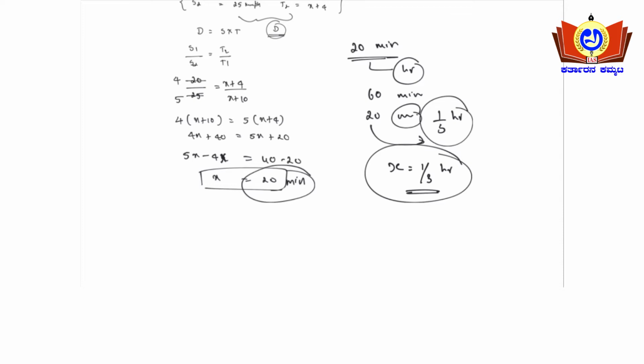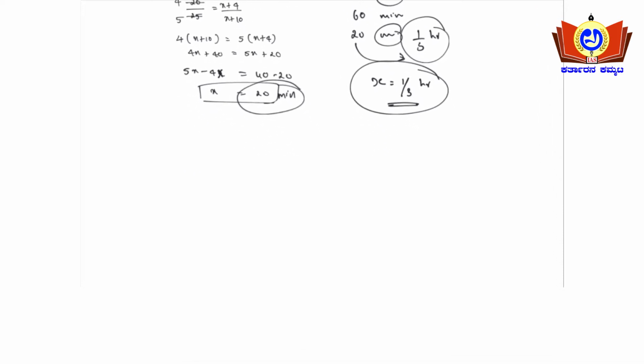Okay, and you also have two expressions here, right? x plus 10 and x plus 4. So this 10 is also in minutes, 10 minutes. When you convert this 10 minutes into hours, what will you get? 1 by 6.